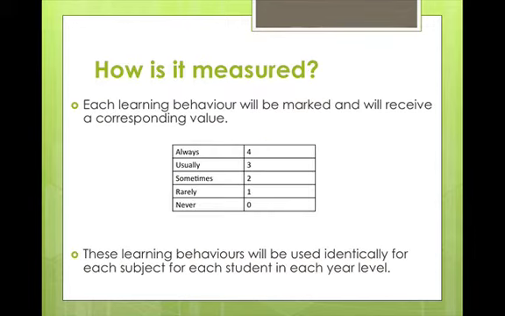So how is it measured? Each learning behaviour is marked out of 4, and you have to think of it like this: always, usually, sometimes, rarely, and never. One way that I like to think about it when I've done this in the past, and you might want to talk to some colleagues about how they do it to get a sense of the process that they go through.